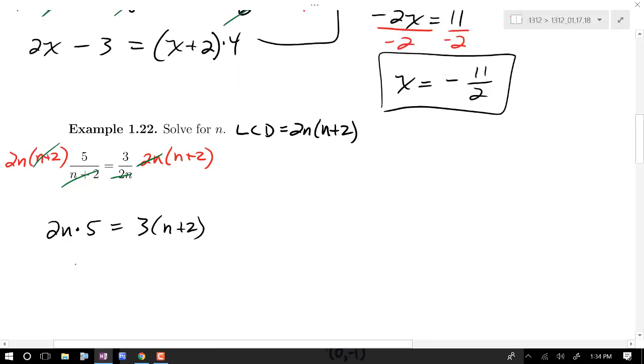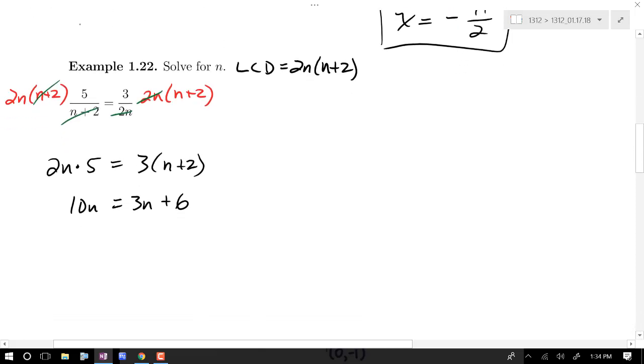So we have 10n equals 3n plus 6. And a nice linear equation to solve, so we can subtract 3n.